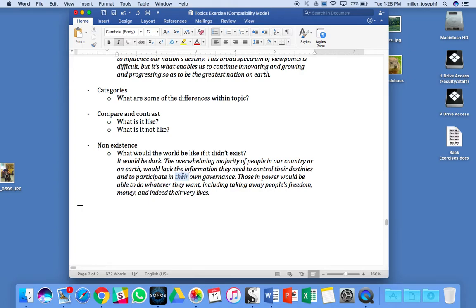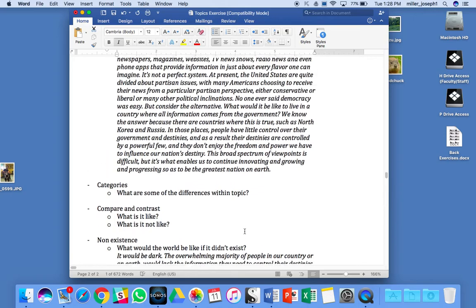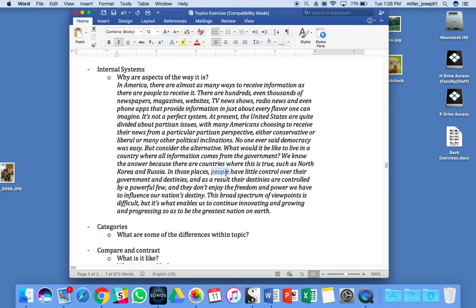I think this one resonates the most with me. Without the free press, the world would be dark. The overwhelming majority of people in our country or on earth would lack the information they need to control their destinies.